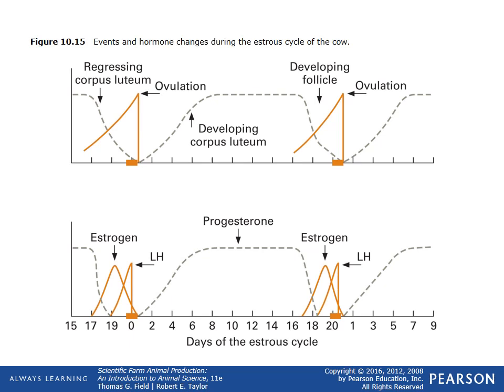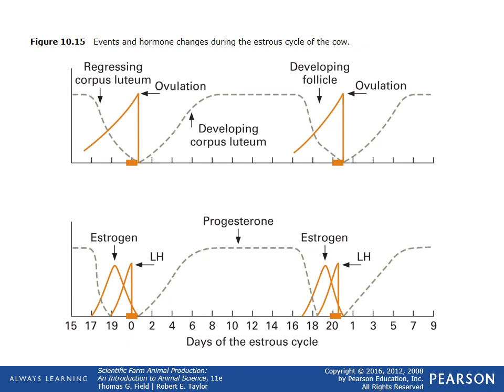I mentioned that you would see a diagram coming, and here is kind of a mirror diagram. On the top, you see what's going on physiologically. On the bottom, you see what's going on hormonally. So if we start at the left of the screen and come across, here's at the end of a heat cycle to where we did not have a pregnancy.